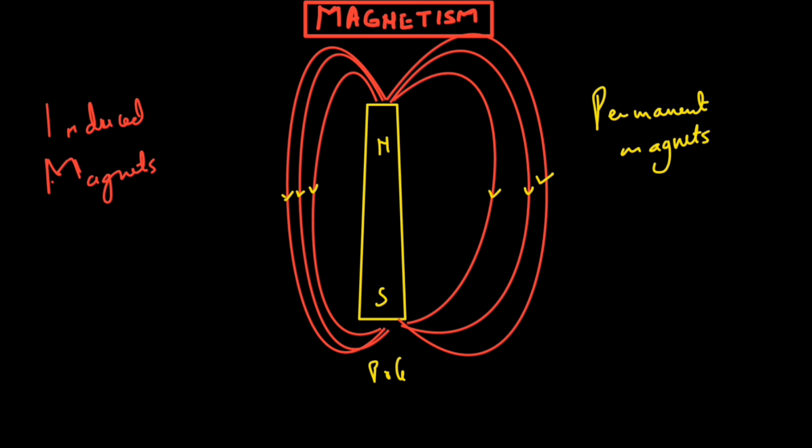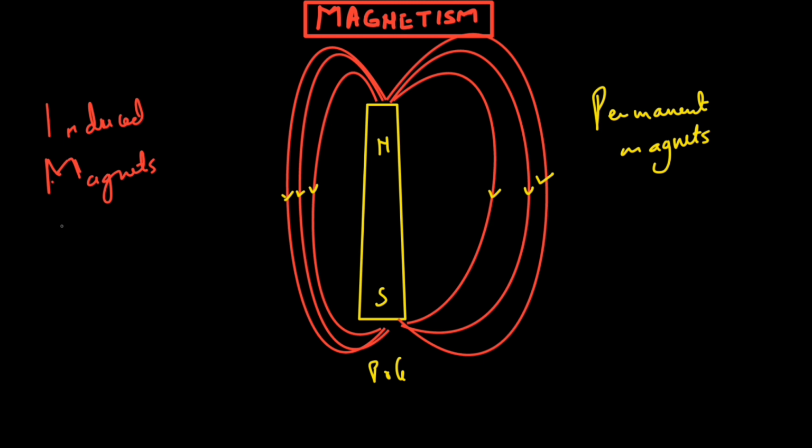There are different types of magnets. How induced magnets work is that when you place them close to a magnetic field, they act like magnets. Take them away from the magnetic field, they're just normal materials.